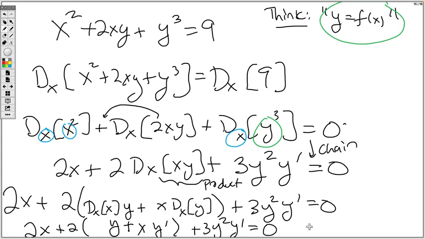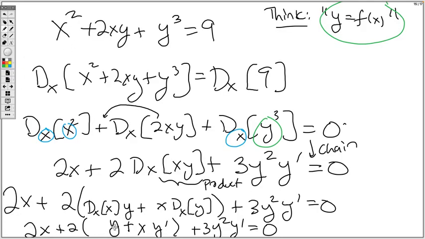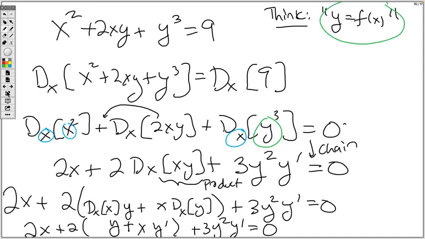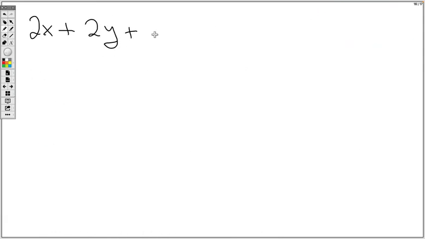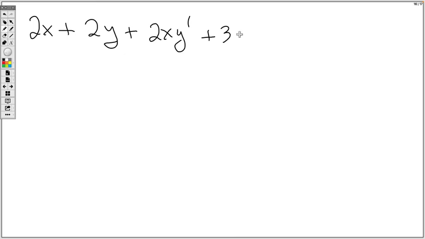Does everyone see where the y primes are coming from and why they're showing up? So I'll write this again on the next slide here. We've got 2x plus 2y plus 2xy prime plus 3y squared y prime all equal to 0.